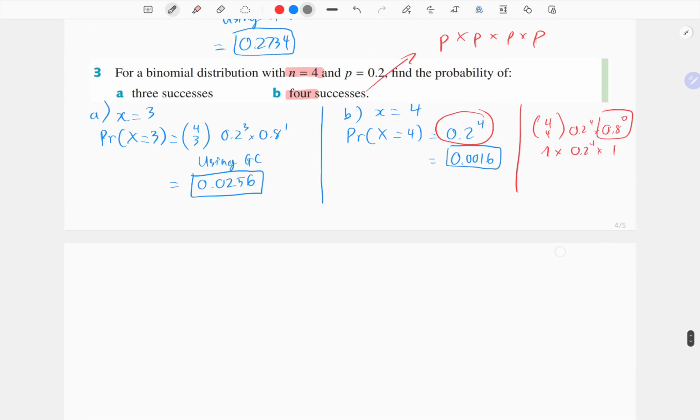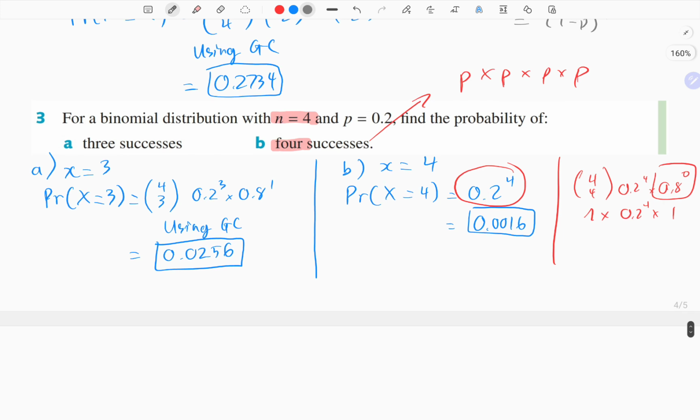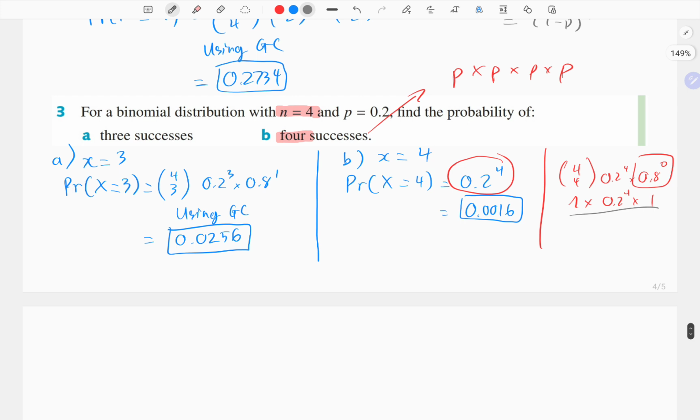So that's why when you see these kinds of questions in the exam, especially in the tech-free, it's easier to calculate than trying to get this, because then you might need to think about what the Pascal triangle answer for this is. Unless you realize that, oh, hang on, that's just only one way. Then suddenly you just get straight to the answer. Okay? So those are the easiest 2 examples for this one.